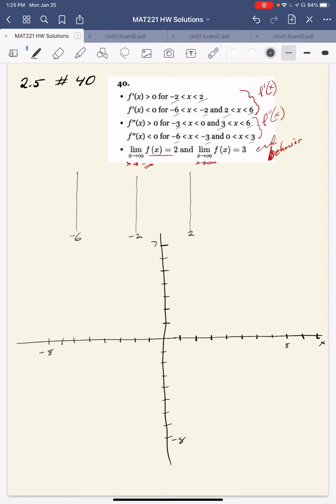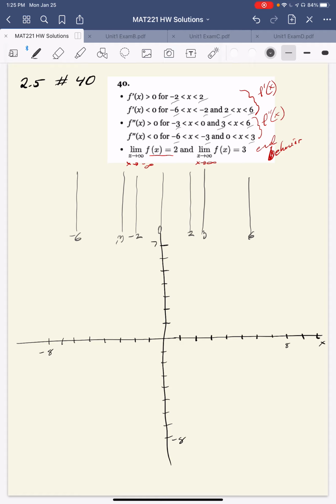So again, I'll want to pull this line up here for the 6. And then the next thing, -3 to 0. So at -3, I'll have this line here. And then 0. And then 3 to 6, so at 3. Okay, so I think those are all my endpoints of the intervals that I'm given there.